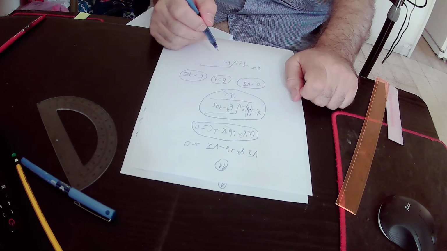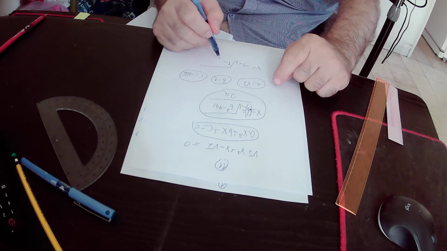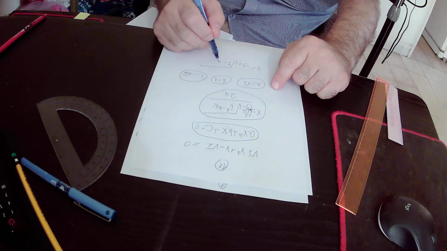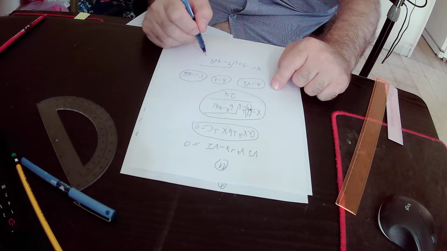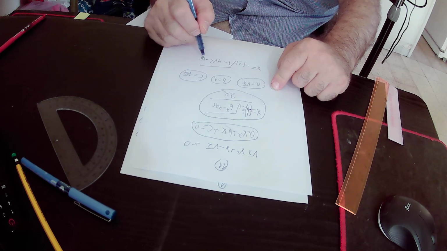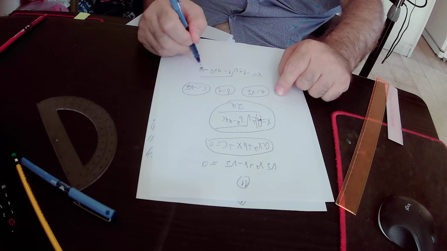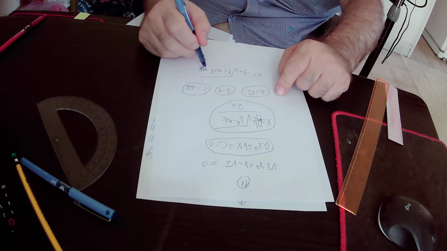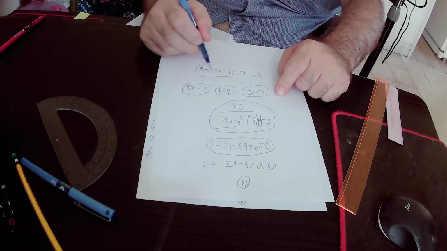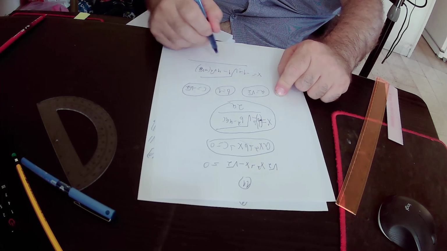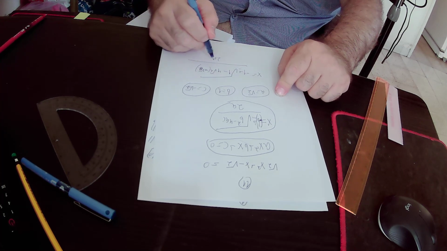Minus 4 times a, which is root 2, times c, which is minus root 2. So here over 2a is 2 times root 2.